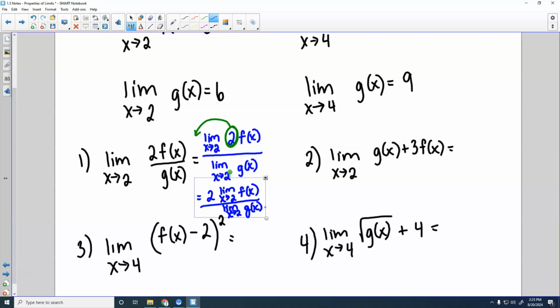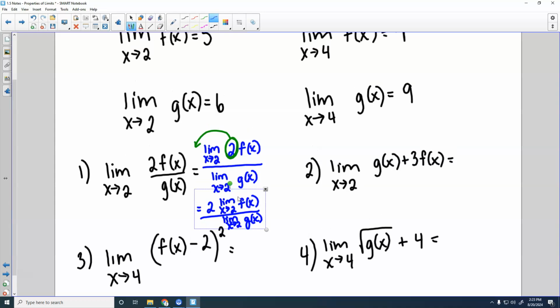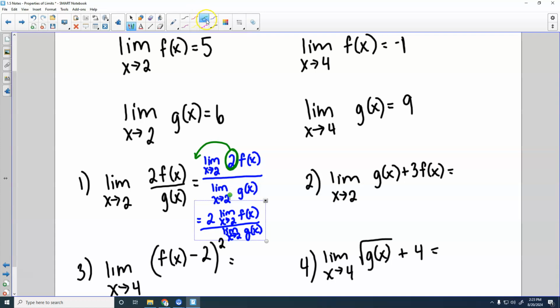Now, I told you I'm writing things out that we're not going to write out really after this problem. But what this does is I've used both my constant multiple and my quotient properties, and now, right here, I've just got the limit as x approaches 2 of f of x. What did they tell us the limit as x approaches 2 of f of x is? It is 5.